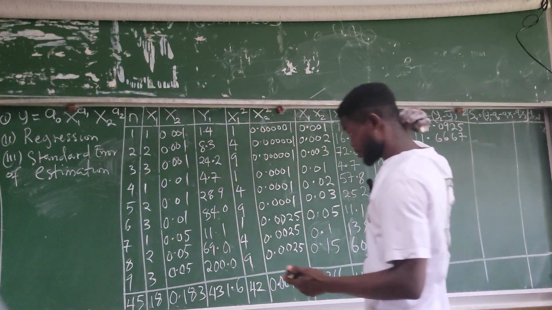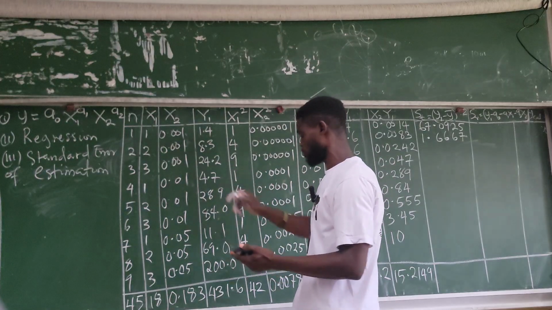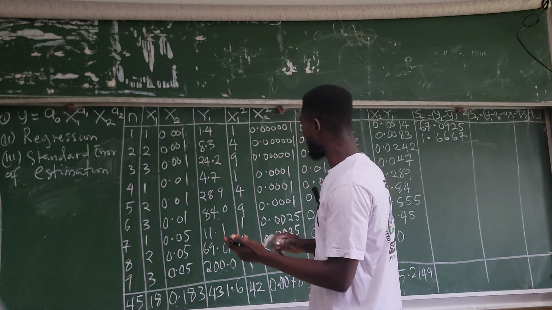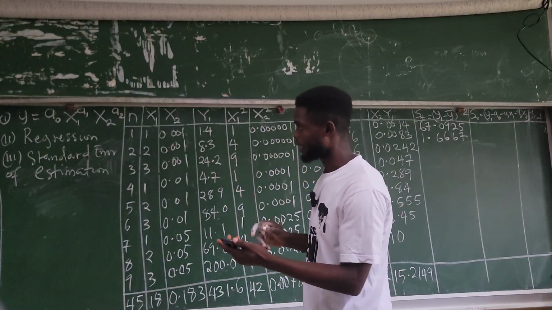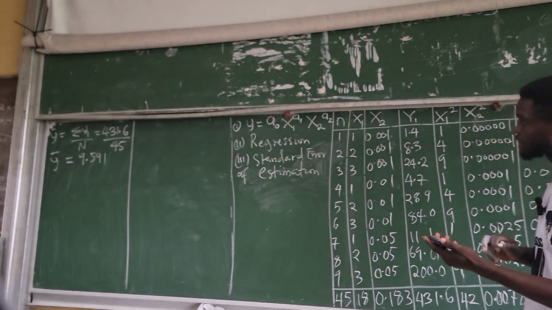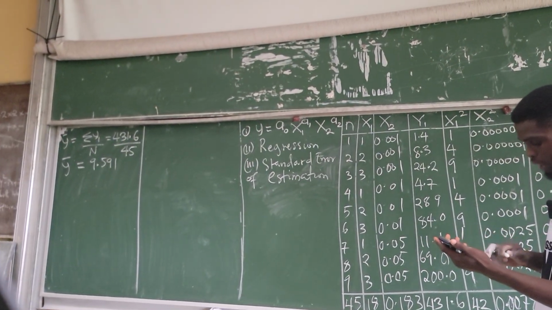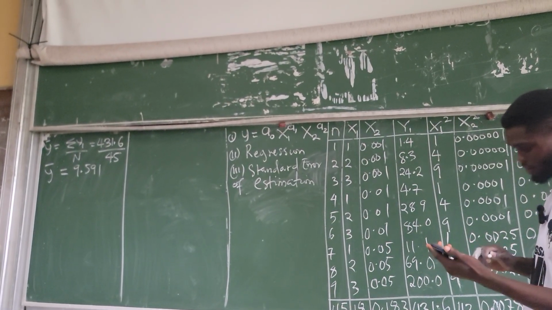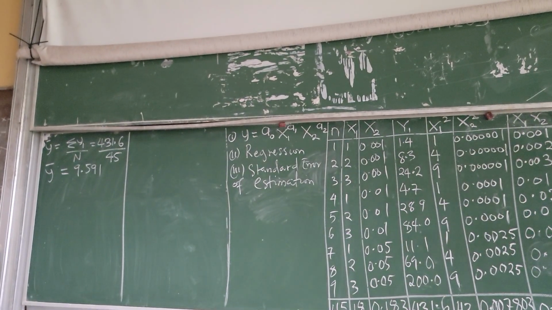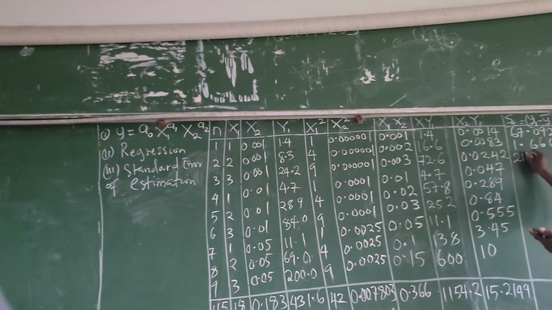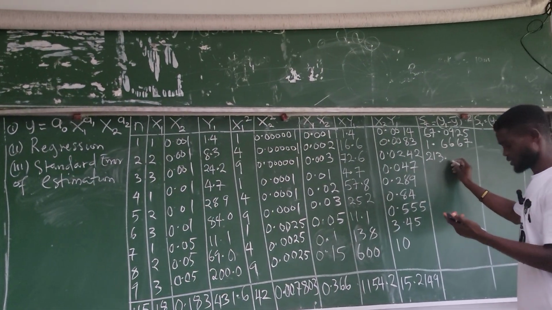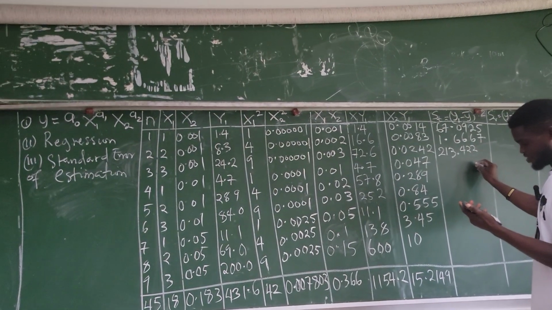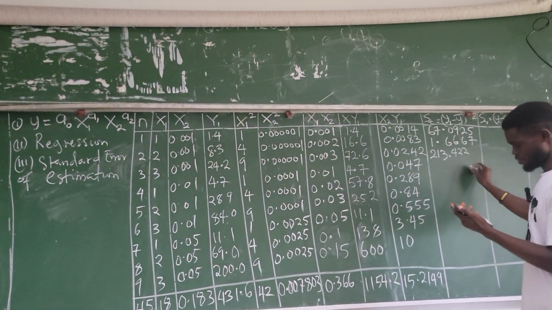So also we have 24.2 minus our y bar 9.591 in square, which gives us 213.4229.